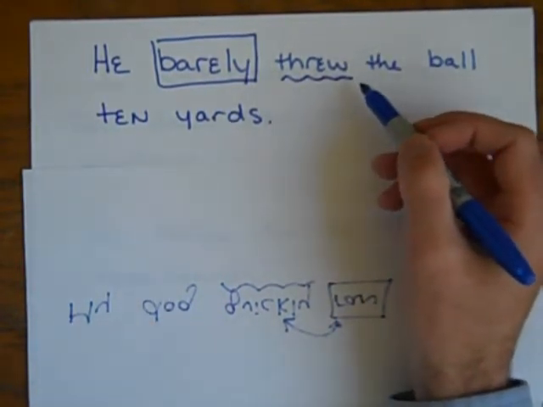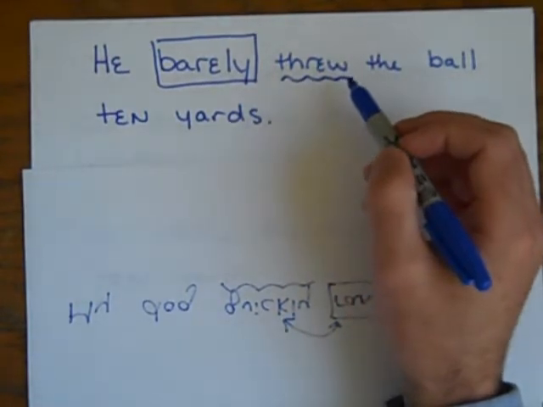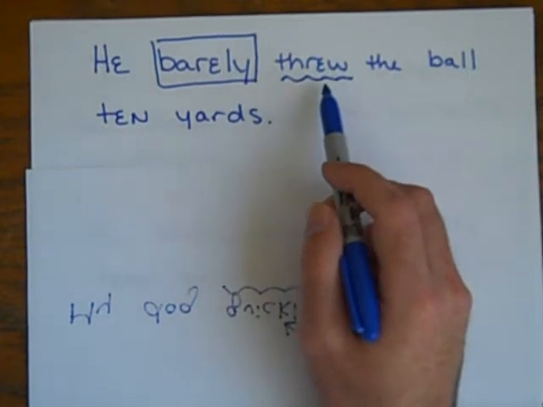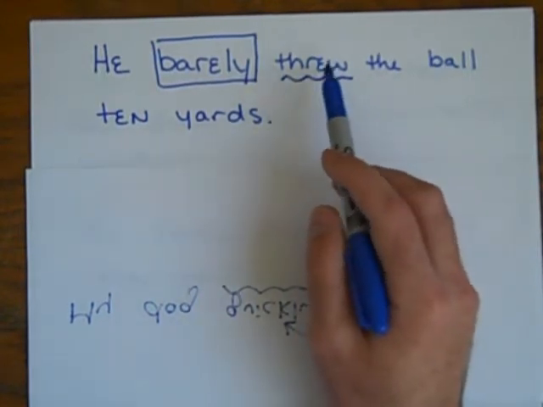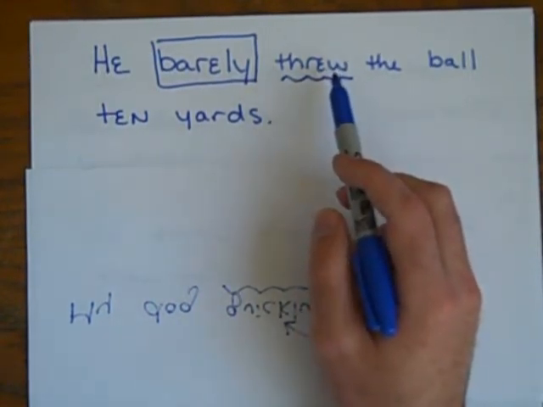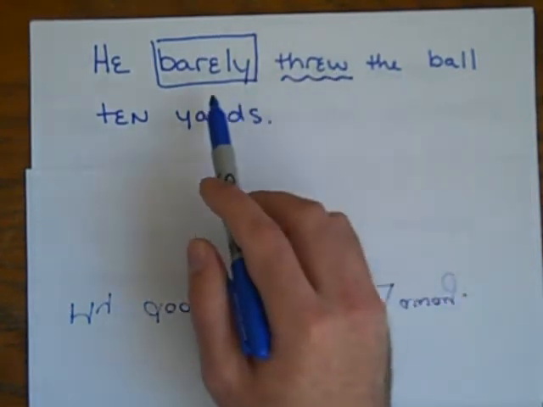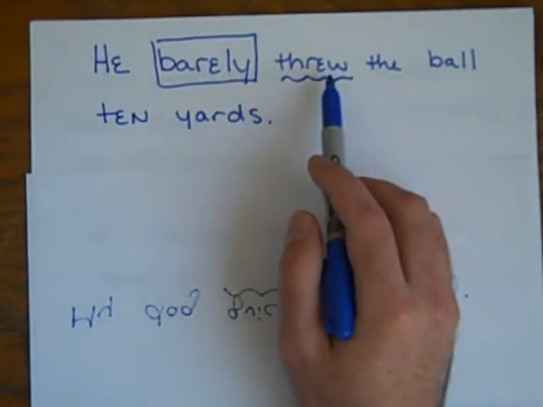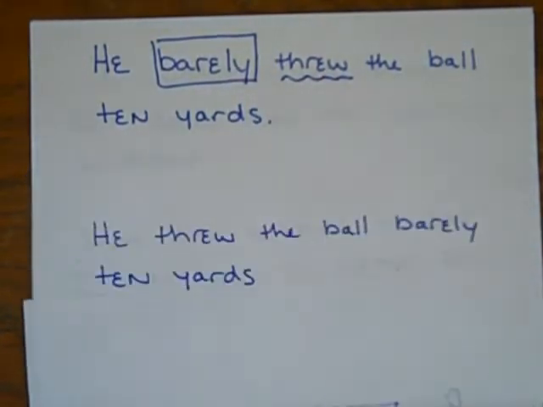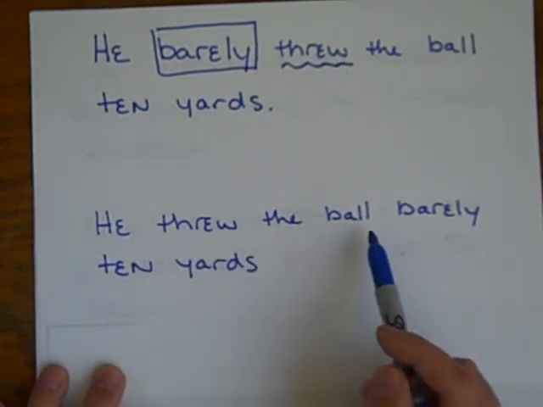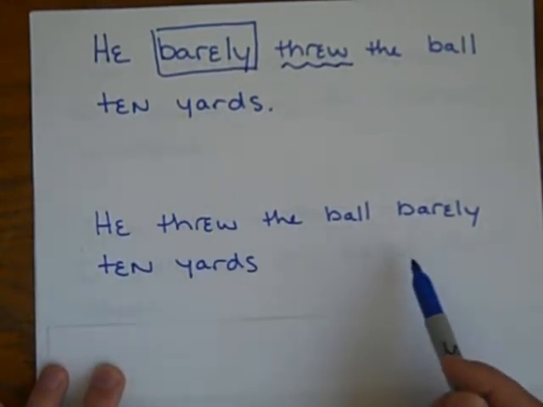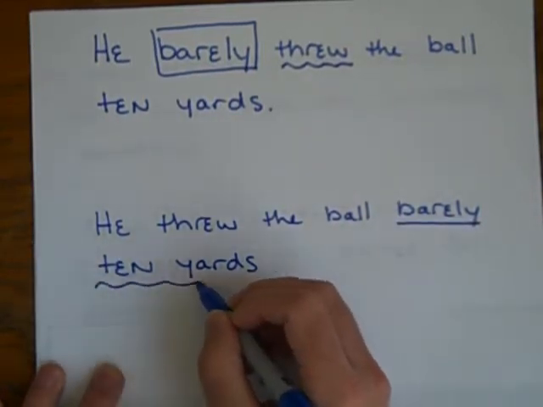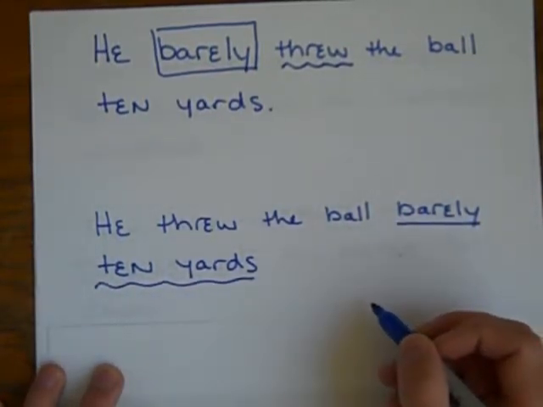But if you think about it, it's not that he barely threw, which would mean that he threw the ball 10 yards in a way that was just the minimum requirements of what it would mean to throw something. So our brain is naturally going to connect this adverb and this verb. Whereas what we actually mean is he threw the ball barely 10 yards. This modifier barely modifies the 10 yards in this case.